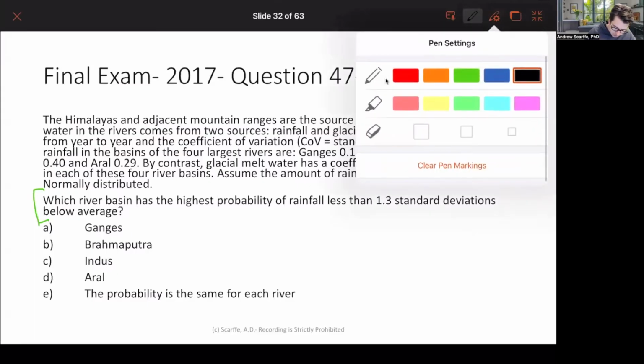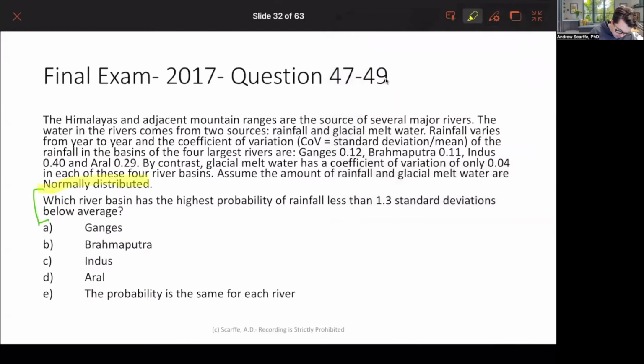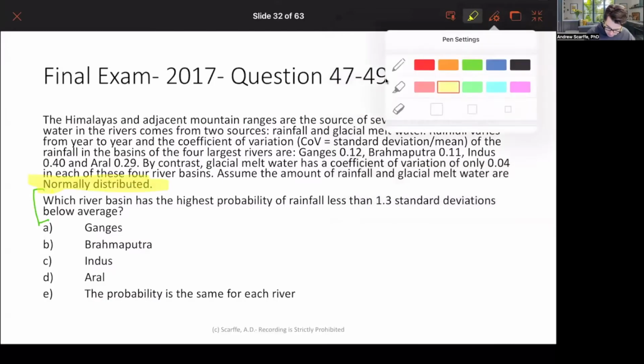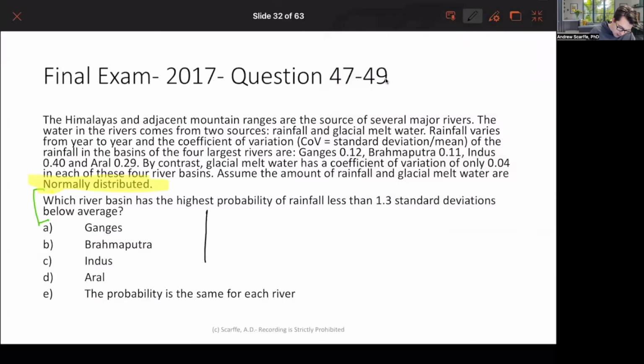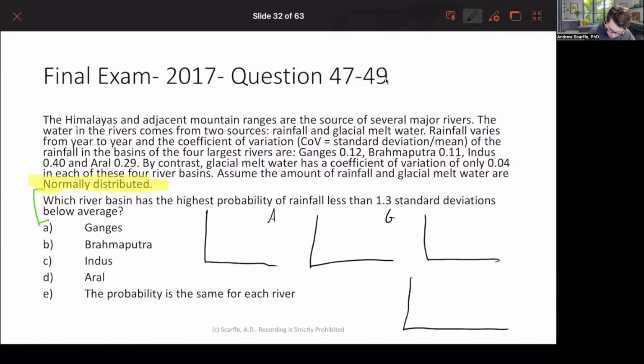Critically to this question is acknowledging this part right here, normally distributed. So if we draw 4 normal distributions, right, we'll say that this is Aral, Ganges, Brahmaputra, and Indus. And all of them are normally distributed.